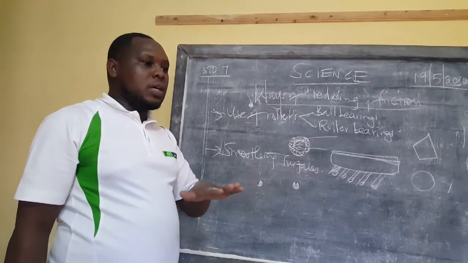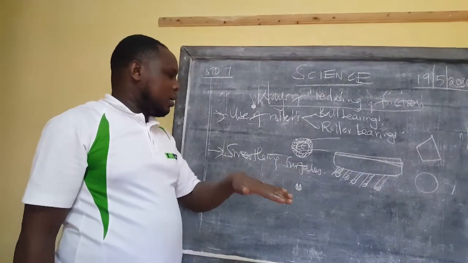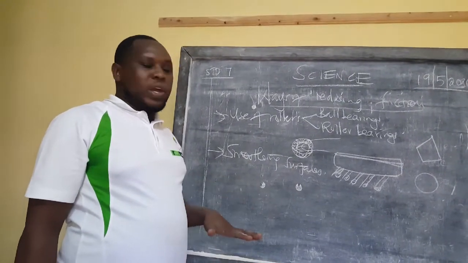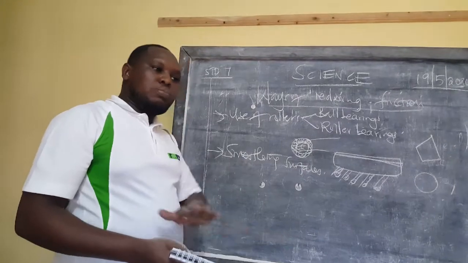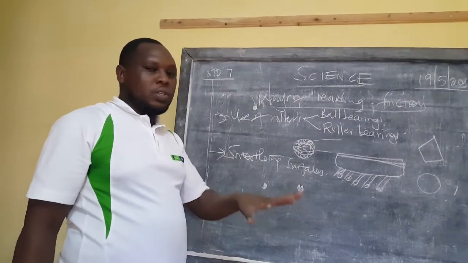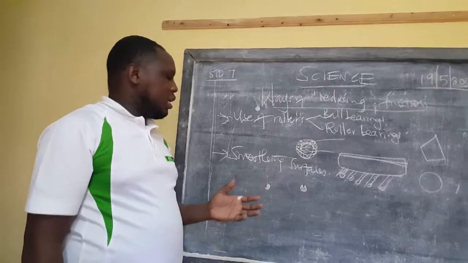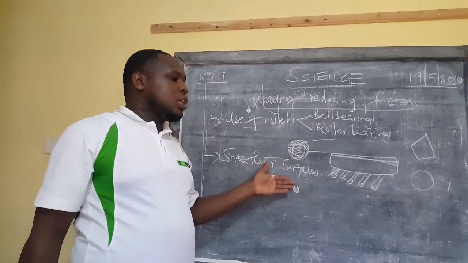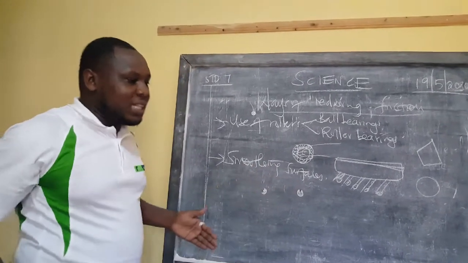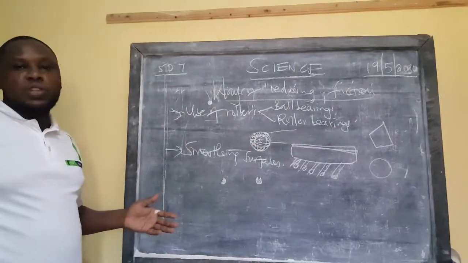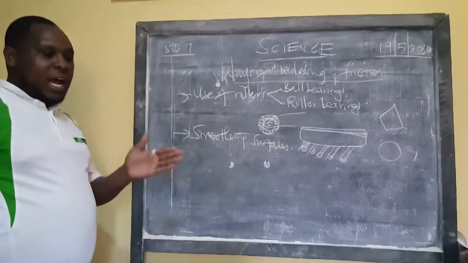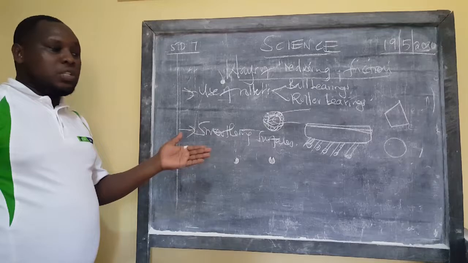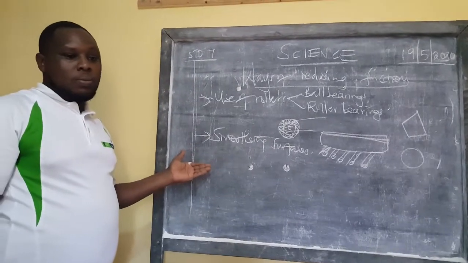It is smoothened so well that when you place your hands on it, maybe you're dusting it off, your hands will not be injured. So you smoothen a surface so that even if you push something on that surface, it goes smoothly. That's why a smooth floor can lead to accidents at home.